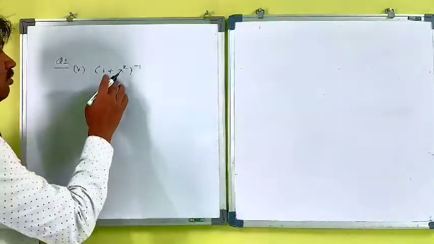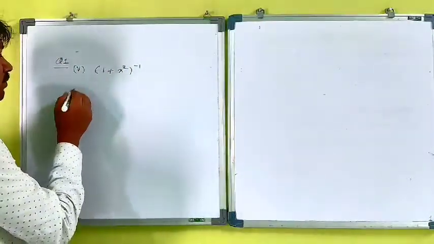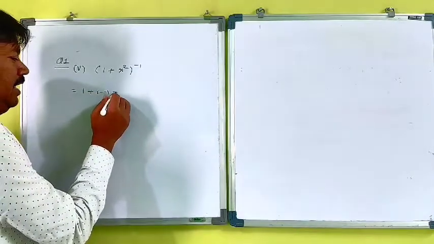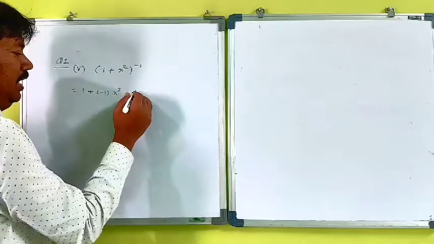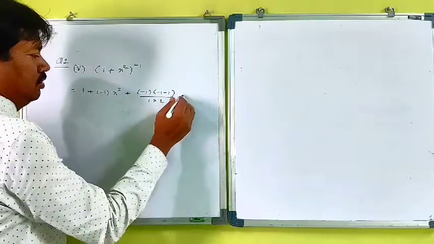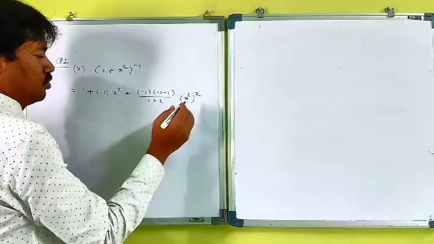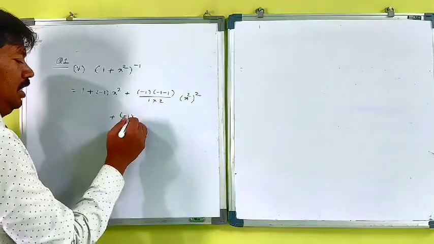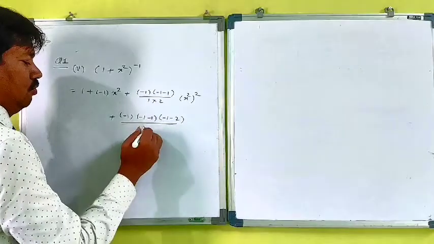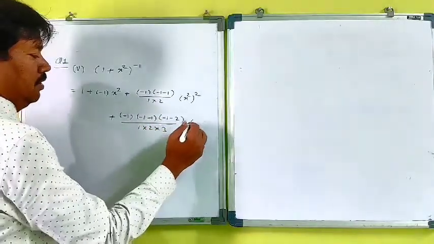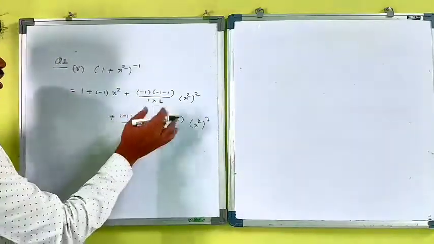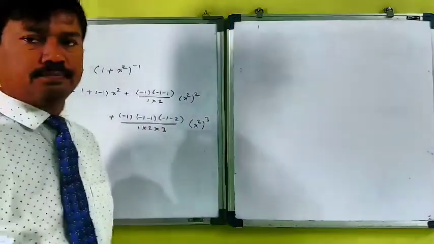So, what is that? Same formula. 1 plus nx plus n into n minus 1 upon 2 factorial x square plus n into n minus 1 into n minus 2 upon 3 factorial x cube. That is the first 4 terms.